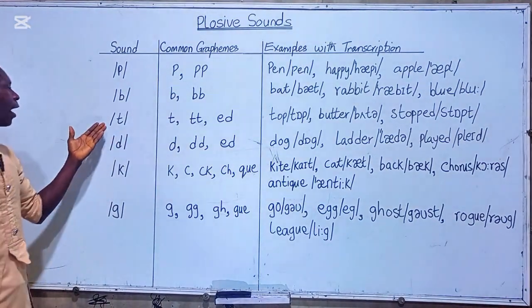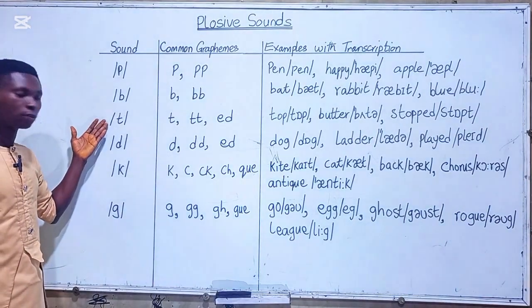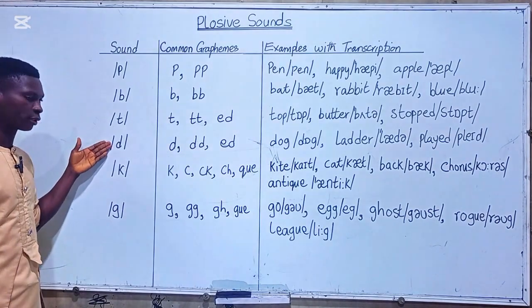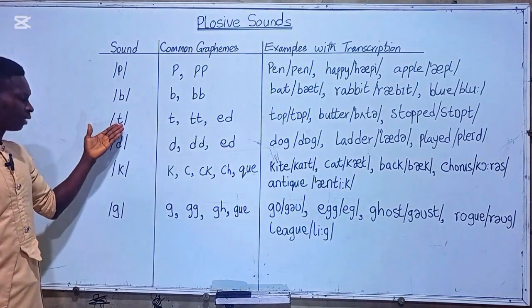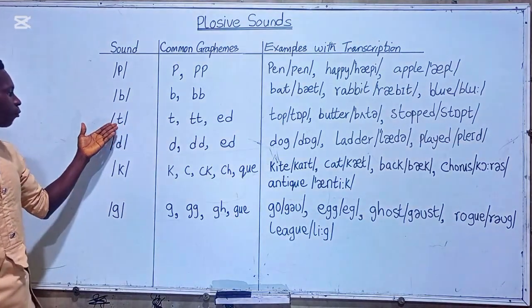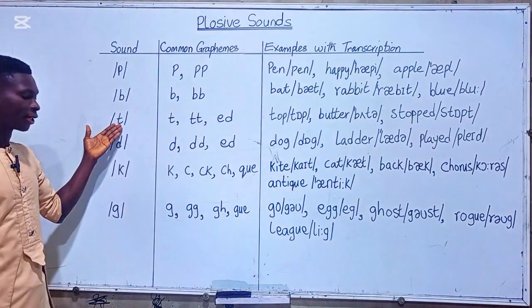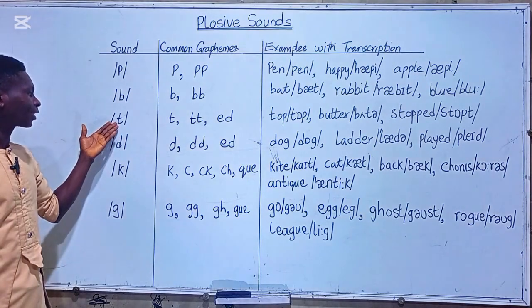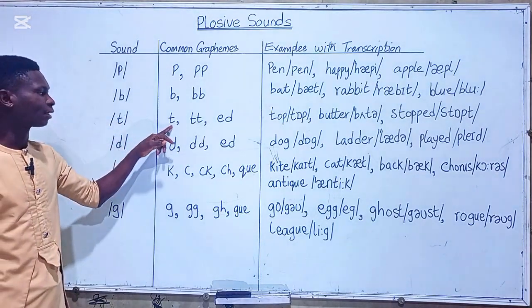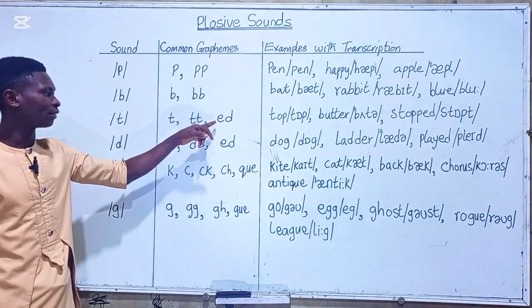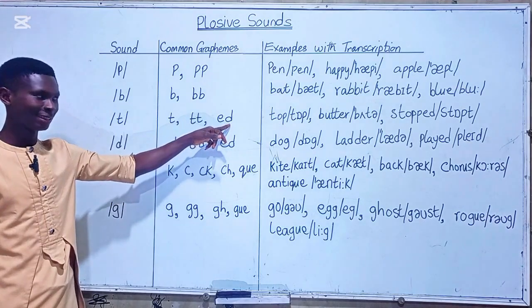Moreover, we have the alveolar plosive sounds, both the voiceless and the voiced. Let's begin with the voiceless alveolar plosive sound. This is T. So we have the sound T in place of letter T, in place of double T, and also in place of ED.